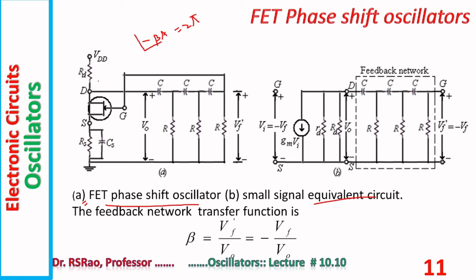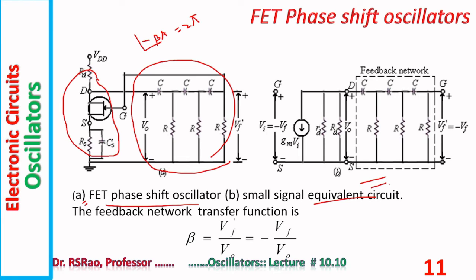Here is shown FET amplifier in CS. We know pretty well CS amplifiers exhibit 180 degrees phase shift between output and input. So this fellow provides 180 degrees. Remaining 180 degrees, pi, is provided by the ladder network, RC network.